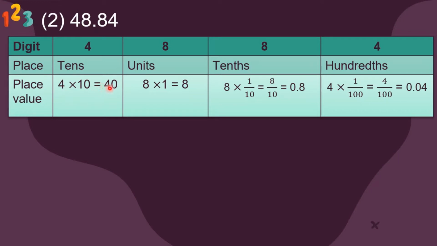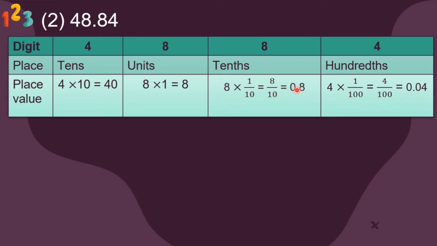Now let's come to the part which is after the decimal point, that is we have 8 and 4. After the decimal point, the very first place is the tenths place. So let us write the place value of 8, which is in the tenths place. We write 8 into 1 upon 10, which is equal to 8 upon 10, which can be written as 0.8.